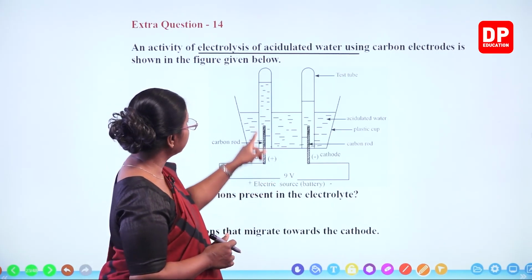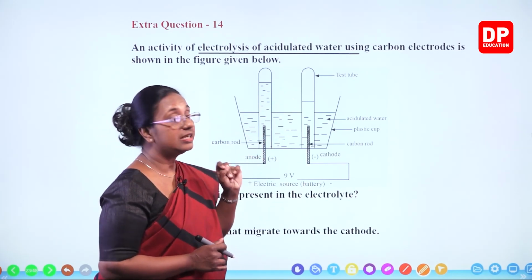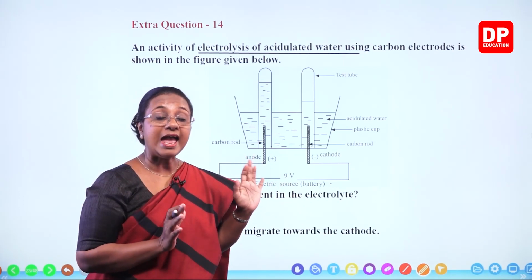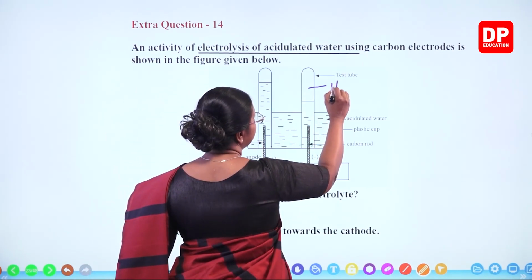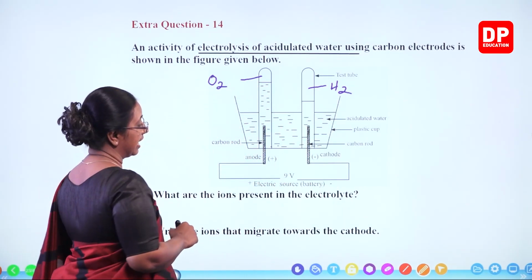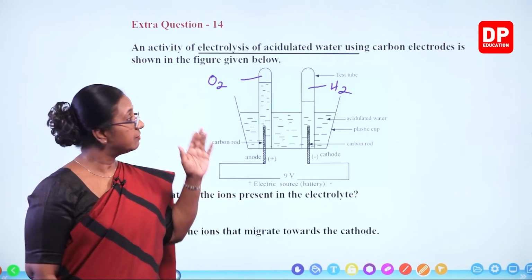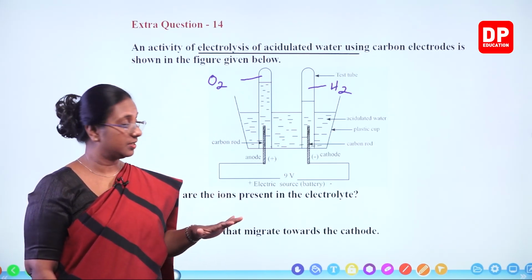Here you can see near the positive terminal, less volume. Near the negative terminal, there is more volume of gas collected. And you all know it is hydrogen gas that is collected here, and here it is oxygen gas. So that is how the electrolysis of acidulated water using carbon electrodes occurs.